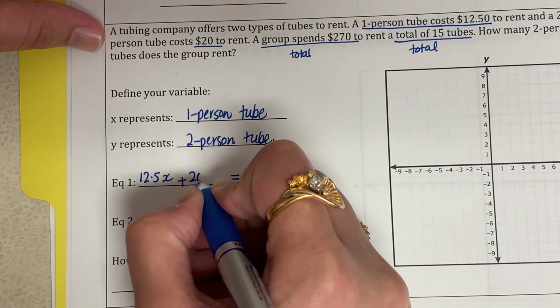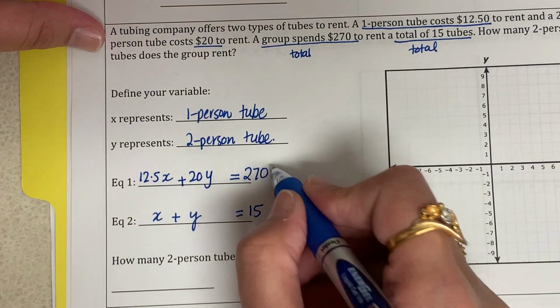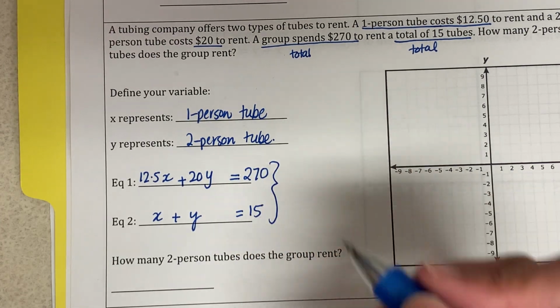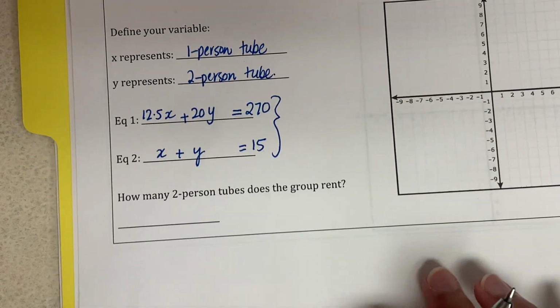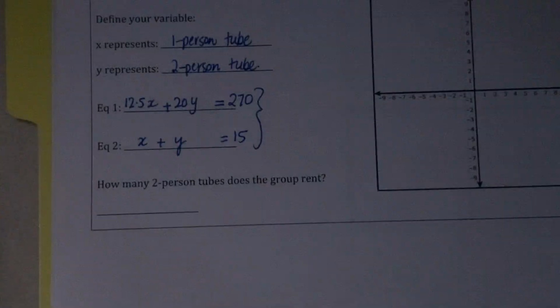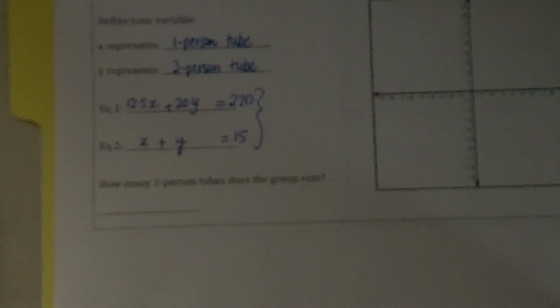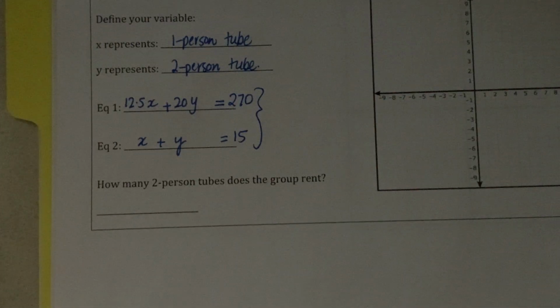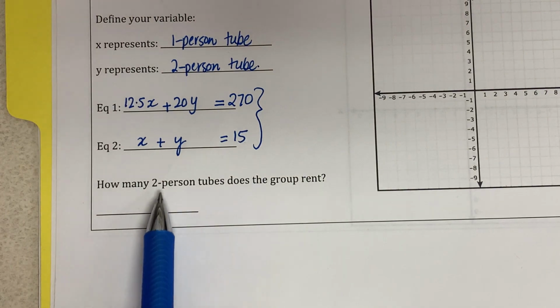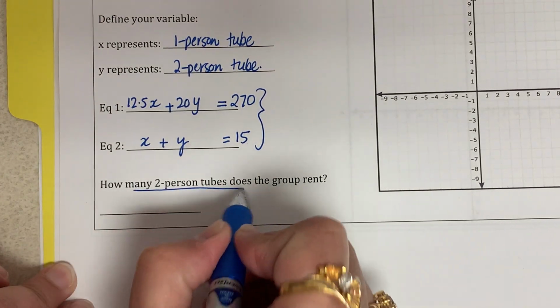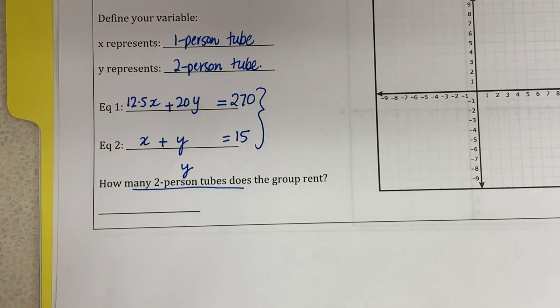So plus 20Y. So this is my system of equations. Now, in order to solve this system of equations, I have to first rewrite as y equals mx plus b. And from there, I'm going to get my answer. I need to calculate how many 2-person tubes, which is the y value. So for my answer, I need the y.